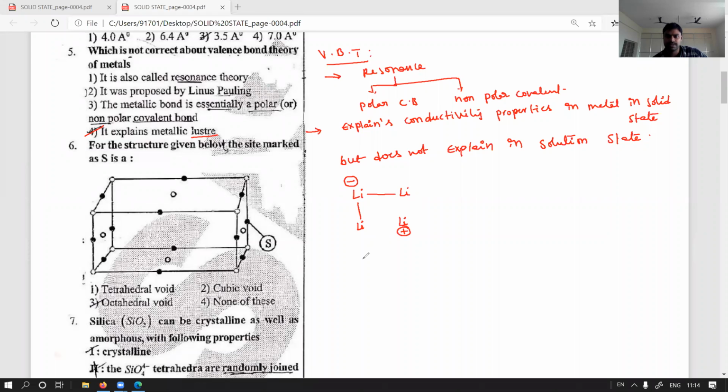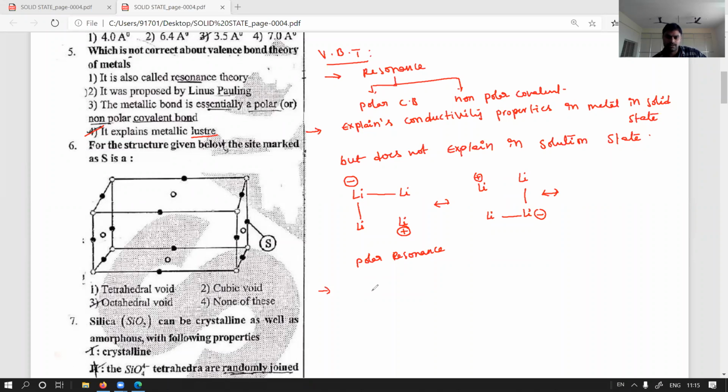Positive and negative charges present means it is a polar resonance structure. Immediately this bond is exchanged, and now the first has a positive charge and the other lithium has a negative charge. Like that we get structures, which are called polar resonance structures. They have polar covalent bonds.